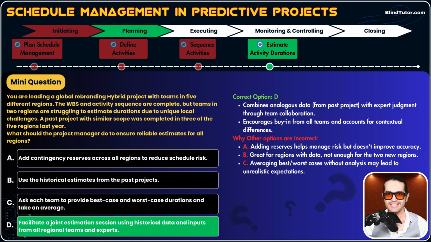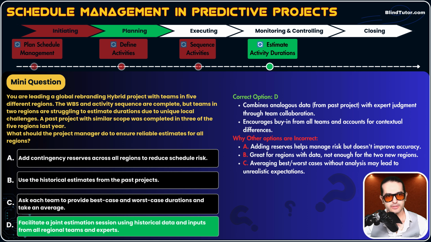When a PM facilitates a meeting and brings everyone together, buy-in means getting their agreement, aligning everybody, like everybody will be on the same page. Option D aligns with agile and traditional PMP practices that emphasize data-informed collaboration.